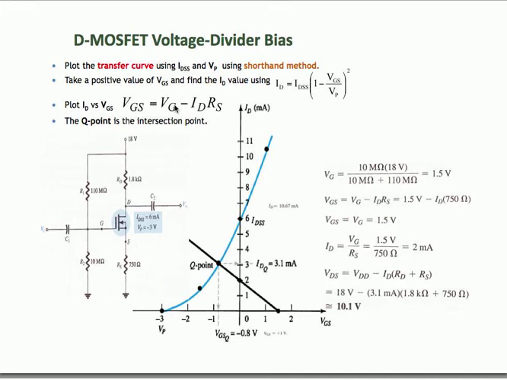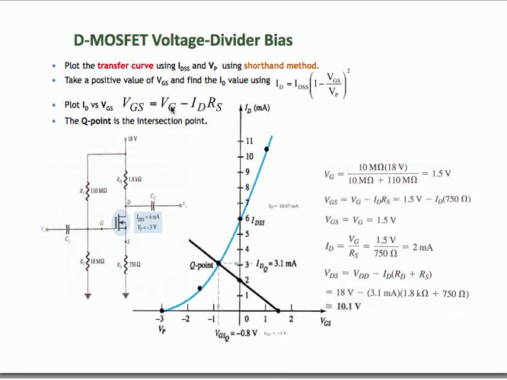And the third step is that you plot your load line, and that load line is given by this equation here. You can derive this by doing a KVL around your GS loop. So VGS is equal to VG minus IDRS. VG is the gate voltage, the voltage at this node here, which is connected directly to the gate terminal of the D-MOSFET.